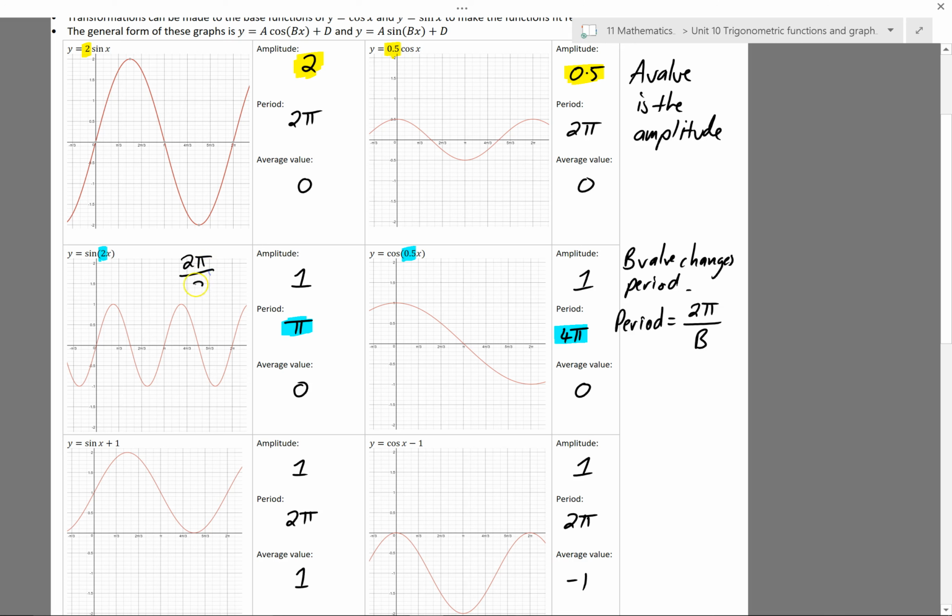Period 2 pi divided by 2 gives me pi. Looks good. Test it on the second one. Period is 2 pi divided by 0.5, which gives me 4 pi. Okay, so this is one formula that you'll need to memorize. Remembering that a bigger b value means this thing's going faster and faster, which means the period will be smaller, which is why we're dividing by b.